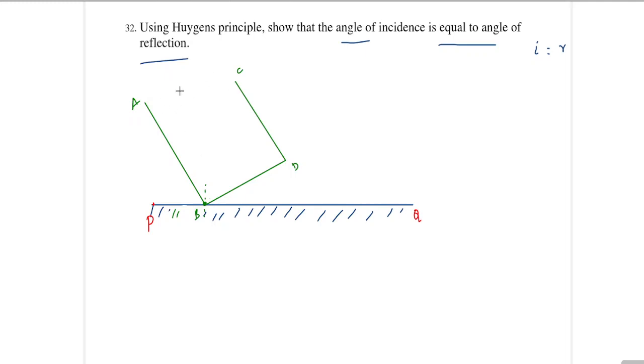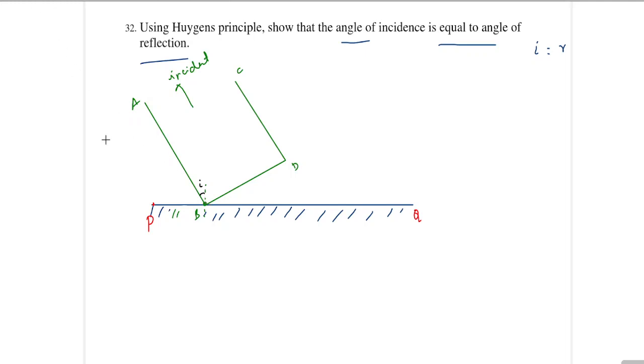So this whole part is a plane wavefront, which is called the incident wavefront. Now the angle made here is I. This is a normal.